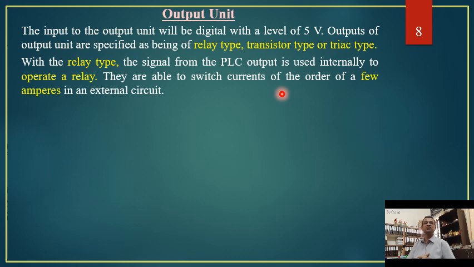With the relay type, the signal from the PLC output is used internally to operate a relay. Now, the signal is coming from the CPU. That signal is used only as a signal for the relay, just to make it switch on or switch off. The actual output that is going to the actuator system is not the one that is coming from the PLC. So the PLC only sends the signal for a relay, and that signal will either switch on the relay or switch off the relay.